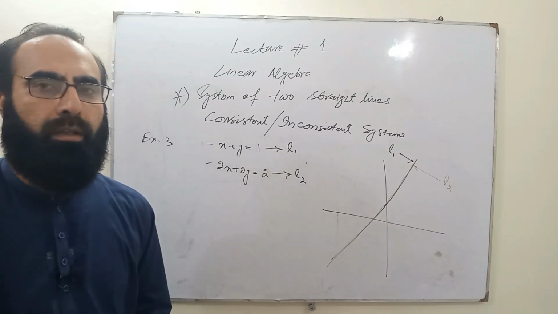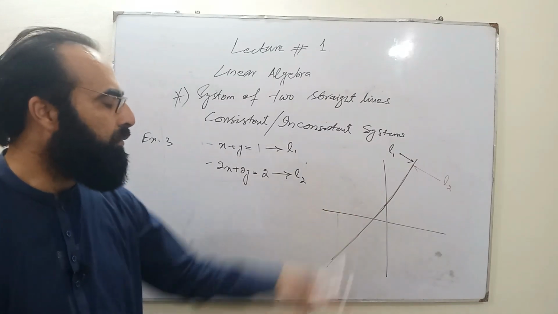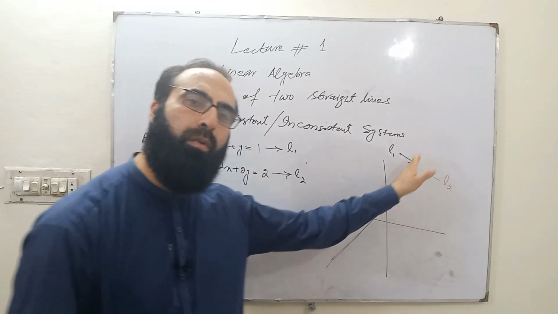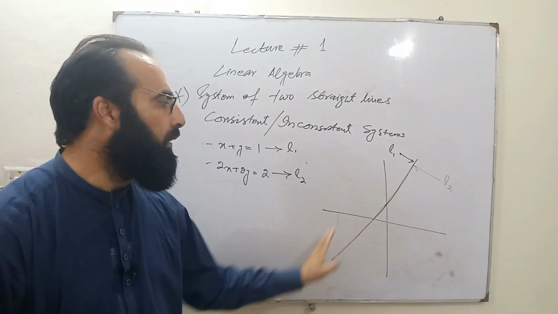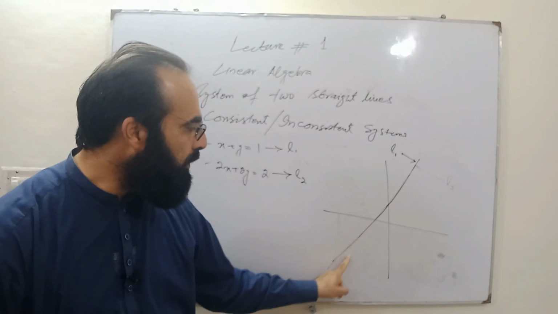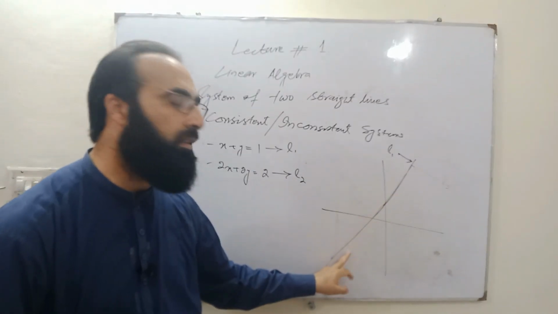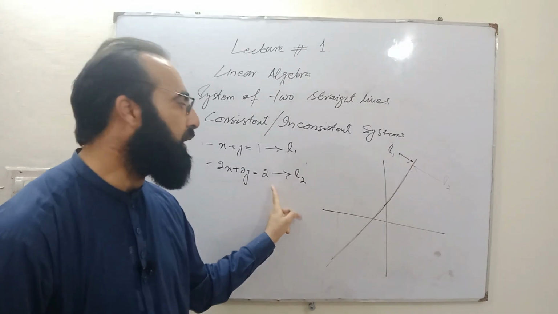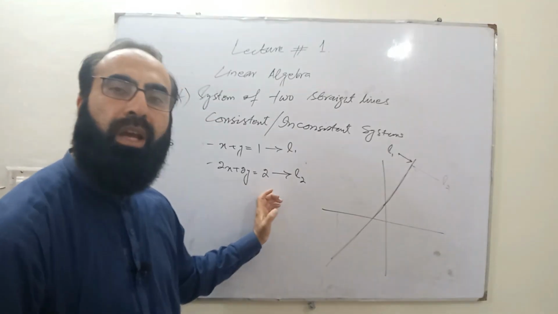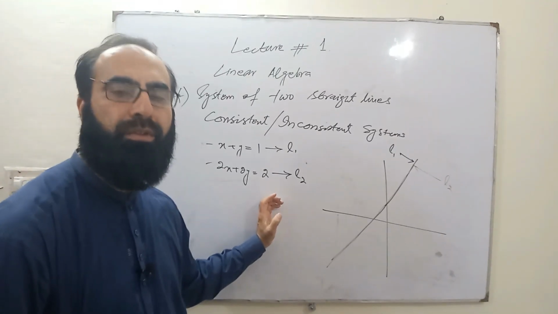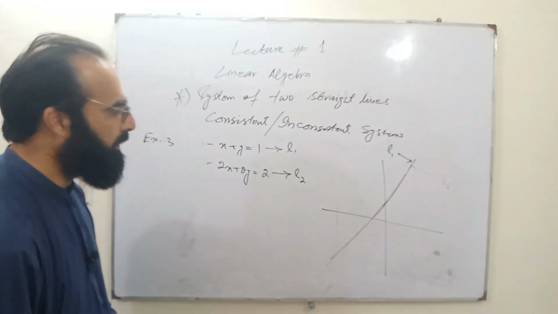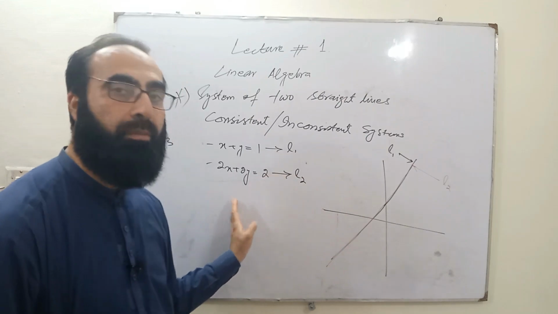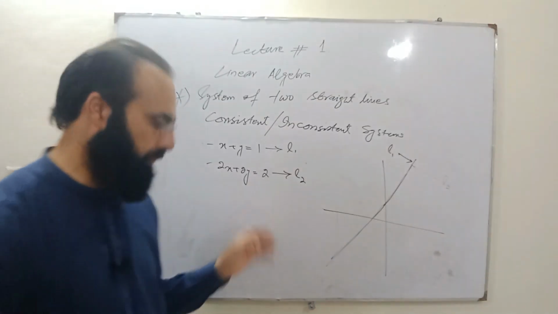Look at the graph of these two straight lines. Basically L1 and L2 are overlapping. So each and every point on this straight line is basically the solution of this system. So here this system has an infinite number of solutions. Since the system has a solution, this system is also a consistent system.